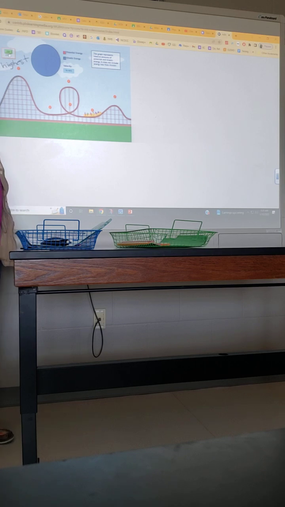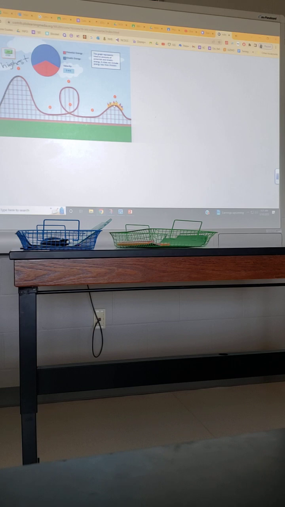And now we're going to gain a little bit of height. So a little bit of your potential color is going to increase. And it's going to be really similar to what 3 was right here, so it's a little bit higher than 3. So maybe about 1/3 of its energy as potential at this point.